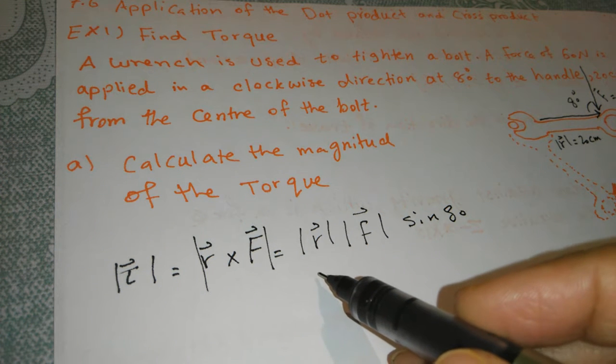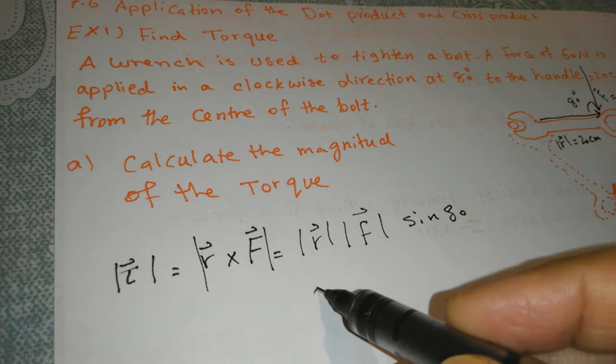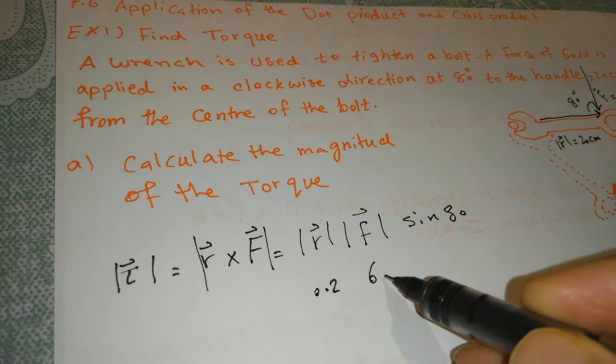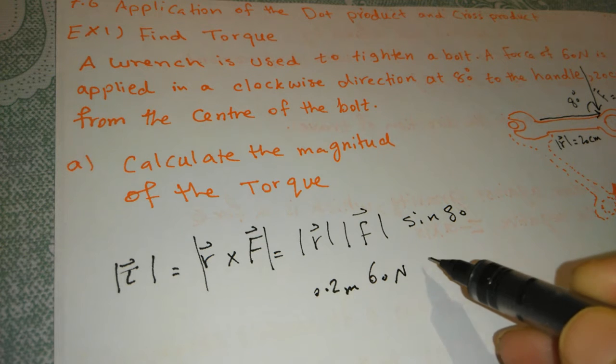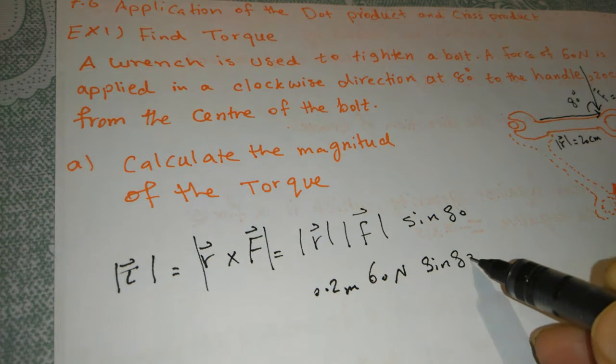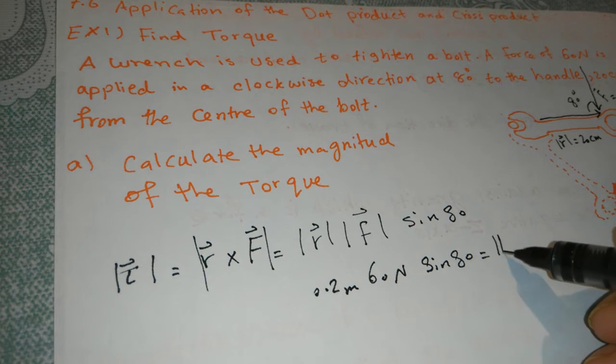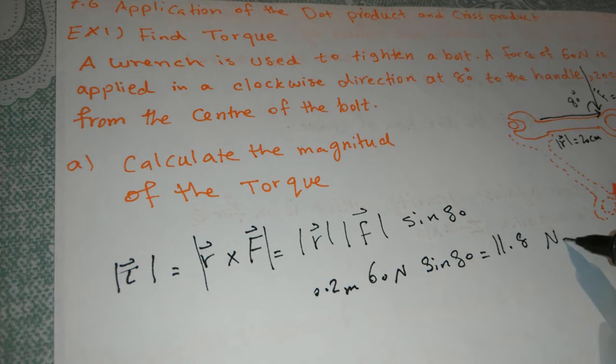So r is 20 centimeter, which is 0.2 meter. Force is 60 Newton, and sine of 80. If you put that in a calculator, you will get 11.8 Newton meter. That would be the torque.